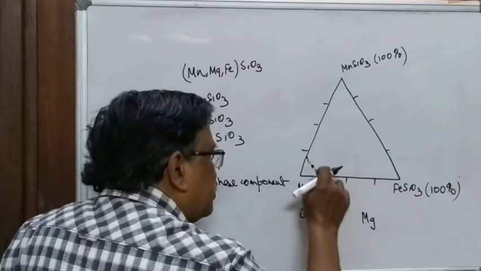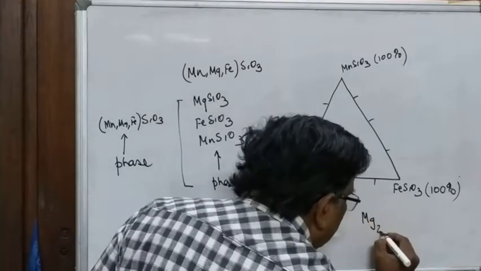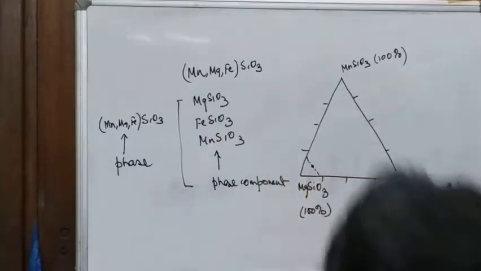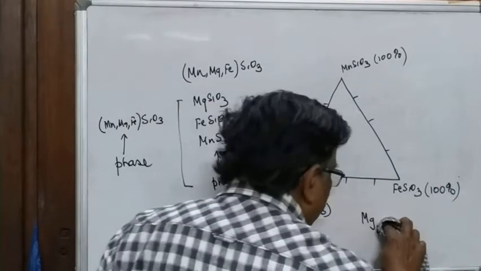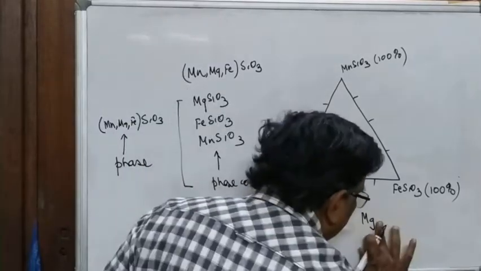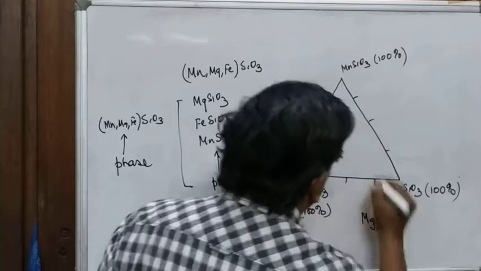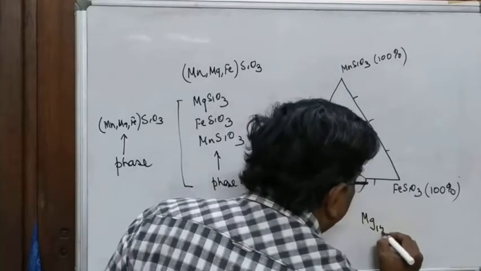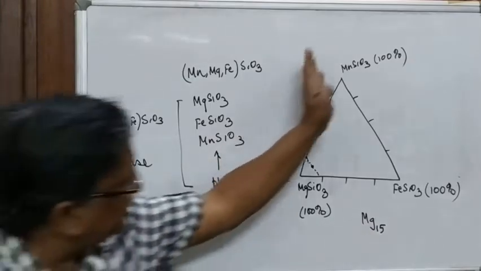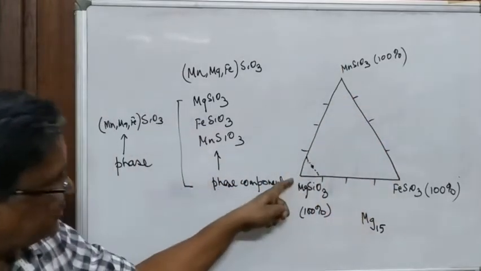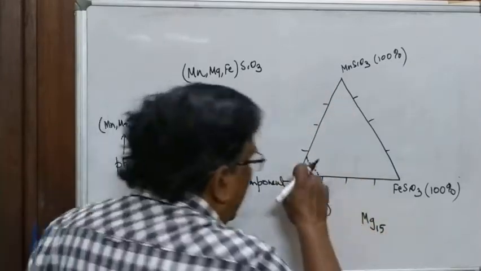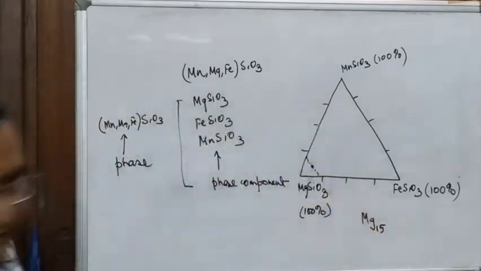As I have drawn it, it looks like Mg is 25. It's less than 25. Let's give a value, it doesn't matter. Say, for example, MgSiO3 is 15. Here it is 0. At this point it's 100. So you can imagine several parallel lines, and here you can say Mg is 15.